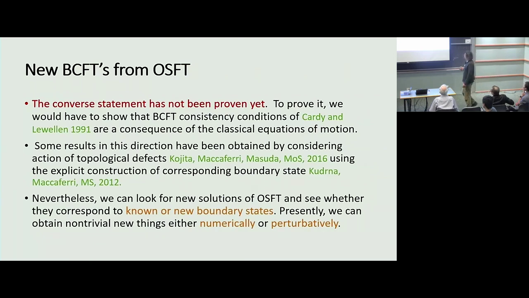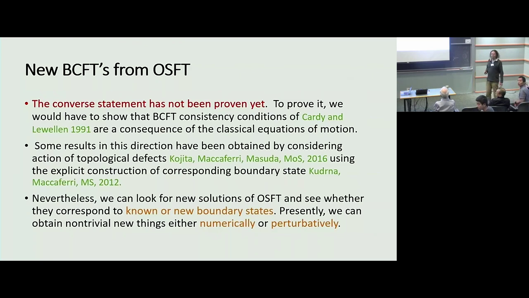We can still believe, or use as a useful hypothesis, that classical solutions of open string field theory correspond to something in boundary string field theory, and we can actually construct the boundary states. We can construct the structure constants, and then if we find something new, we can test whether it obeys all the consistency conditions. So this is the ideology that I'd like to use.